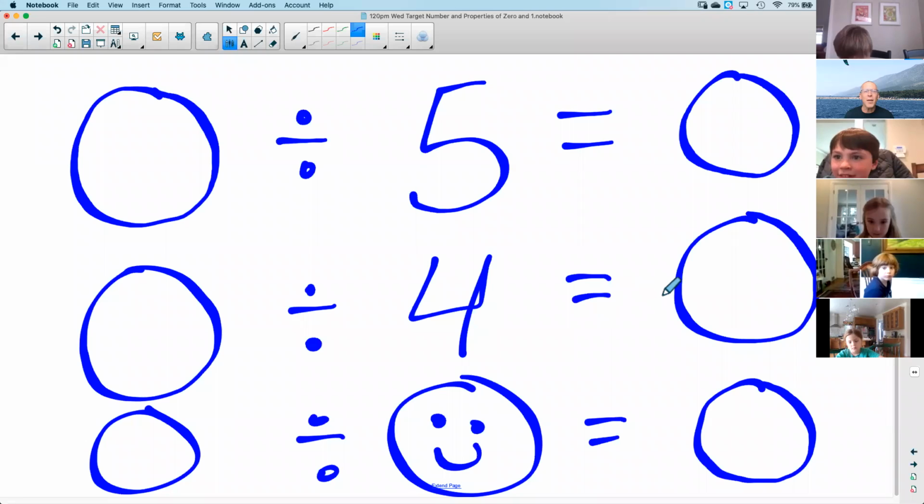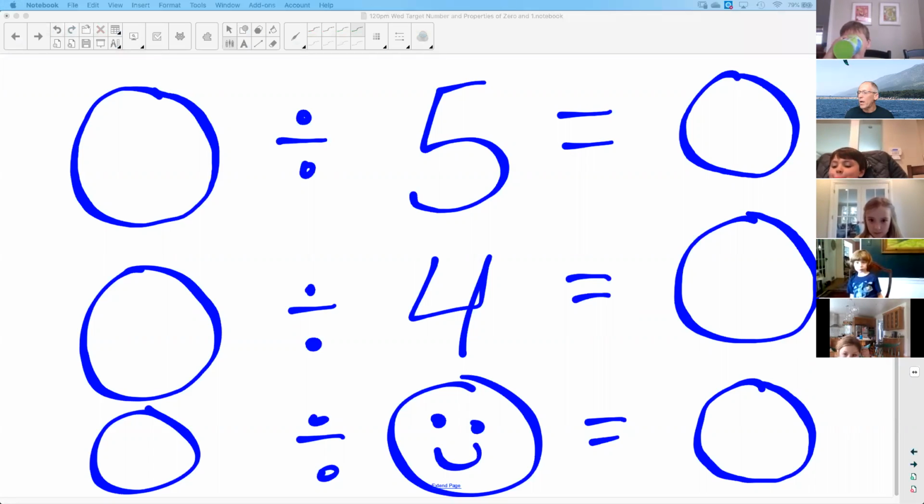So you're telling me if I take 0 and I cut it up into every number of pieces, I'm still going to have 0. So I agree with that. That is a really, really important property, and I appreciate everybody helping me get there.